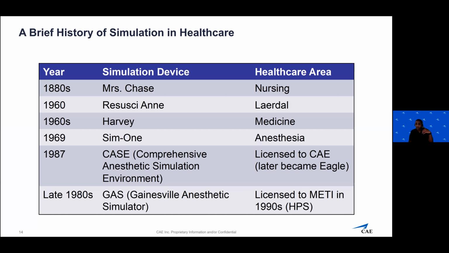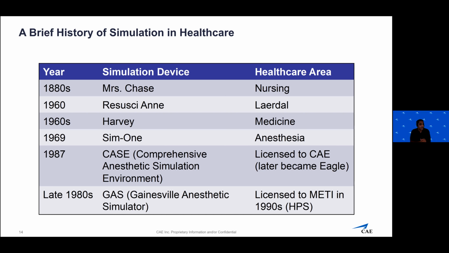And then we roll into almost 70, 80, 90 years later, getting into the 1960s with Resusci Anne, and we've all utilized Resusci Anne in a variety of different ways, right? Whether it's for classic CPR training, or we were using it in our program when I was at Wake. We've all leveraged Resusci Anne for a number of different things, right? And then in the late 1960s, Harvey, and Harvey was certainly instrumental in a lot of efforts around mechanical sounds and learning for auscultation.